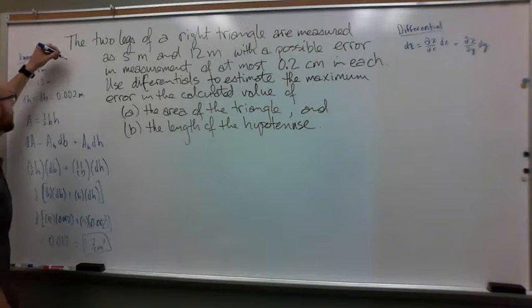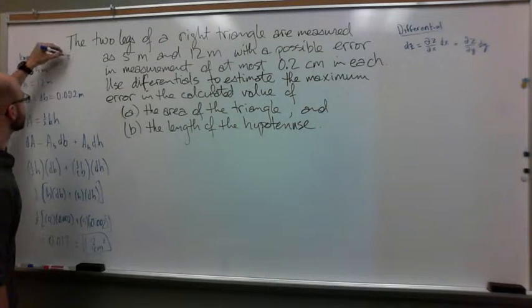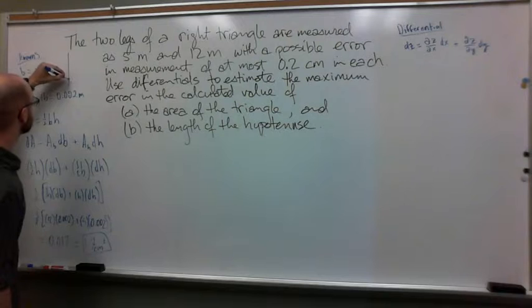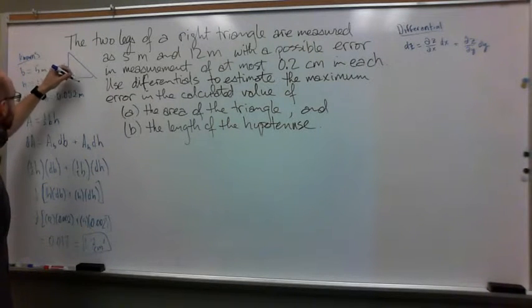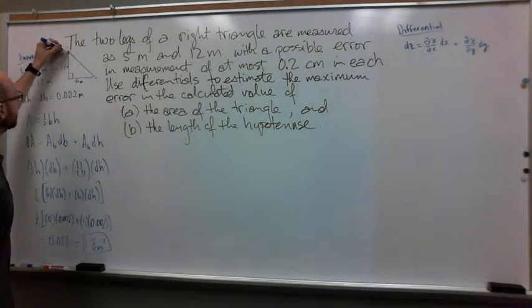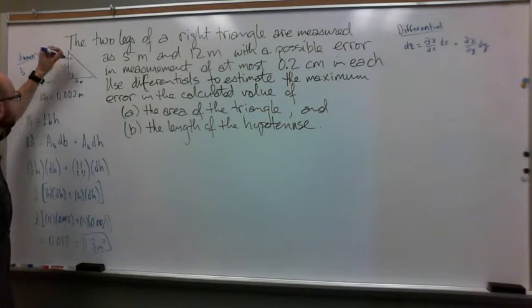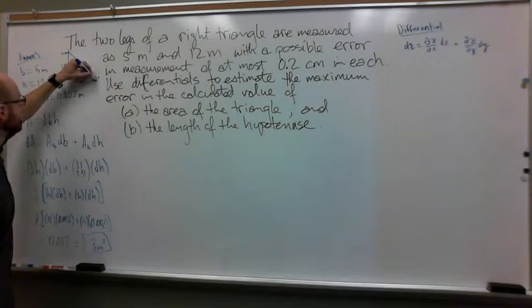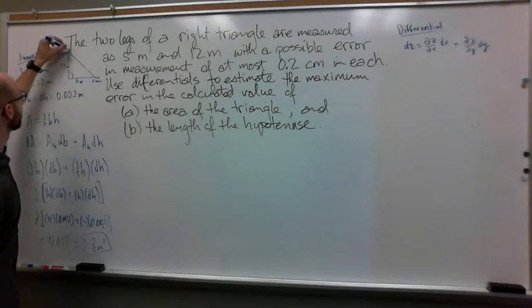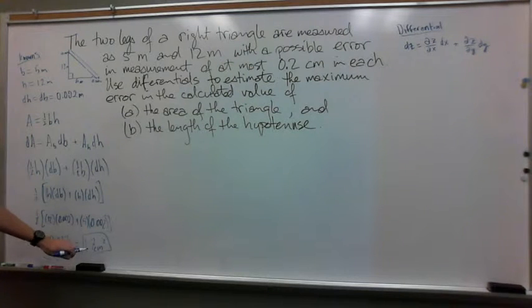So if we actually draw it out, if this is the right triangle, and the height is 12 meters, and the base is 5 meters. If this were to change at all, you would get bigger by 0.002 meters. This would be the maximum change in the area overall.